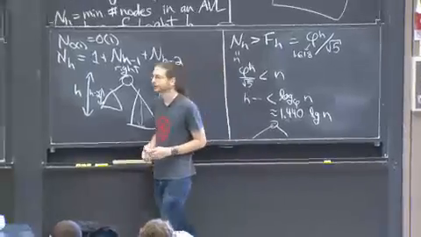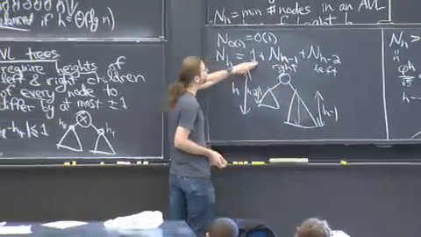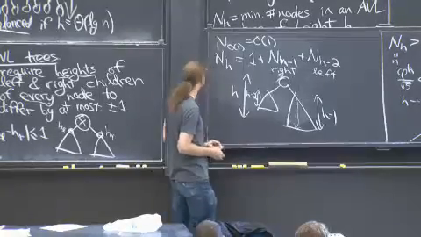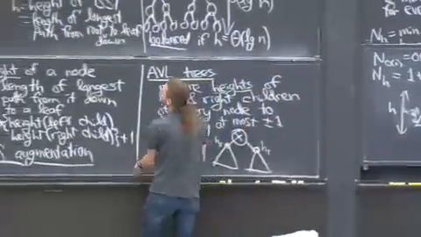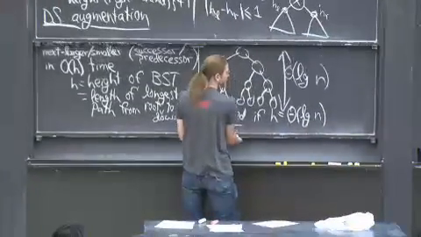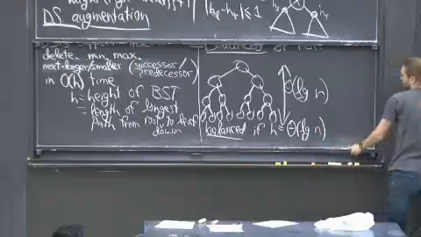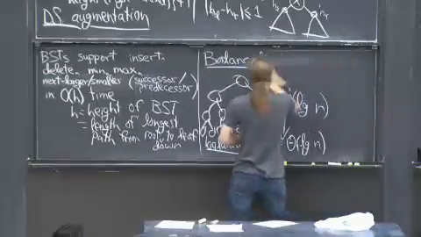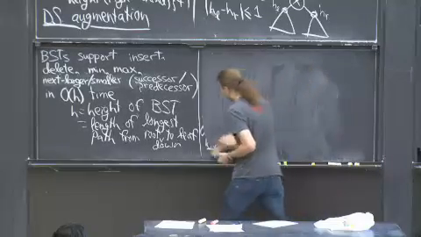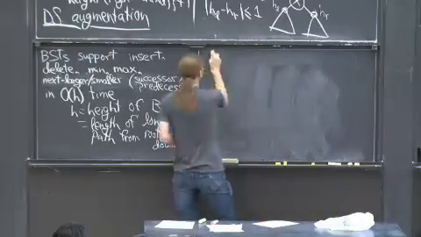It's kind of magical. There's a much easier way to analyze this recurrence. I'll just tell you, because it's good to know, but not super critical. So we have this recurrence n sub h.